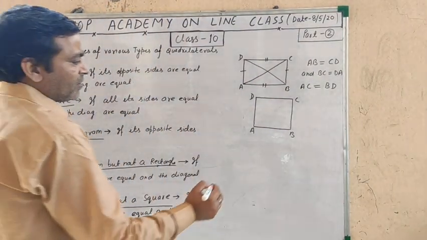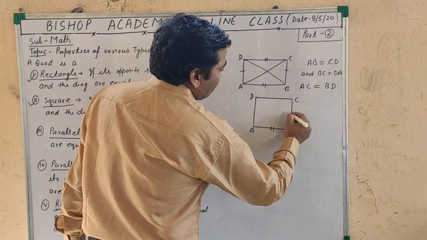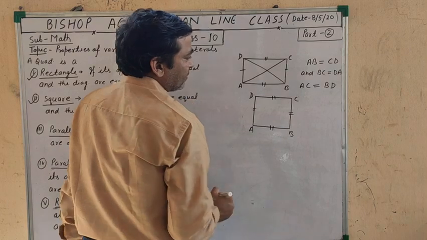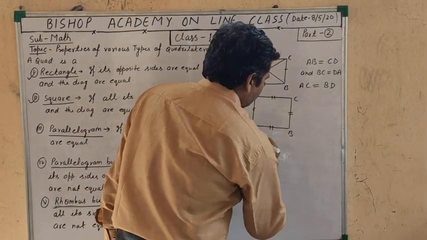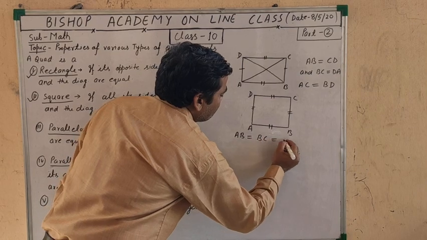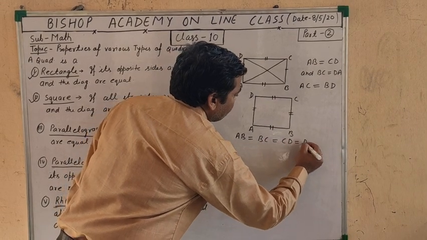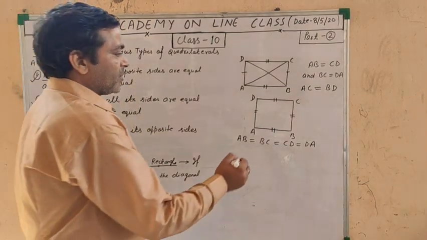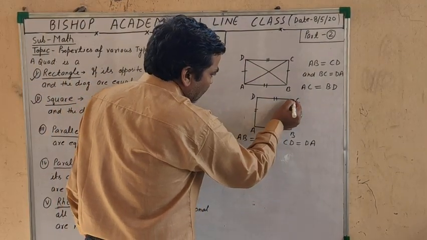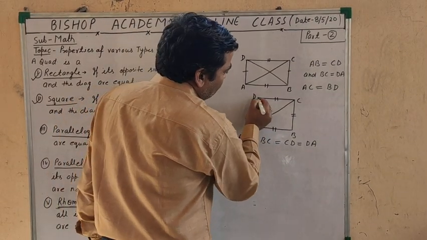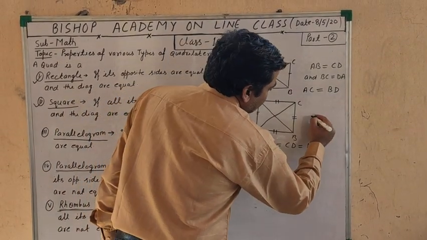All sides equal: AB equal to BC equal to CD equal to DA. And diagonals are also equal: diagonal AC equal to diagonal BD.